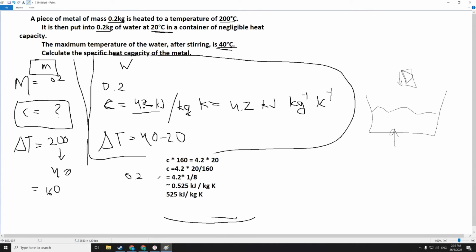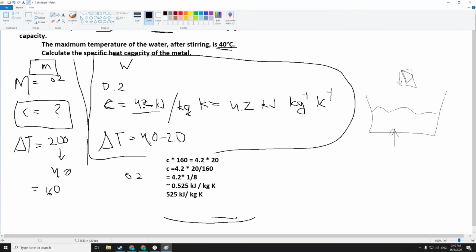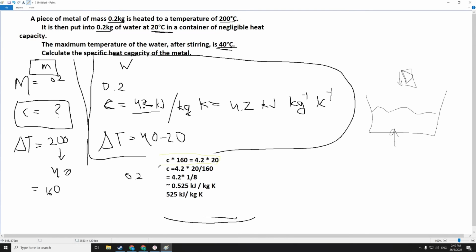That's really the hardest part of the problem. Once you reach this equation, and you say that the energy gained by this equals the energy lost by this, you're basically done with 90% of the question. After that, it's just plugging the numbers into a calculator and getting the answer. So that's how we do a question like that.